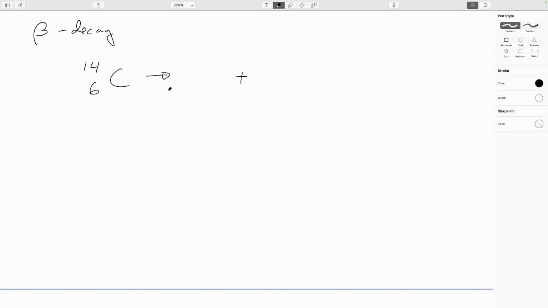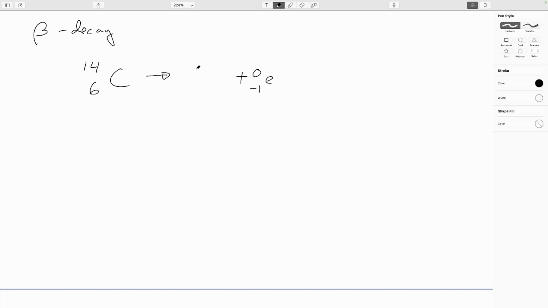And so for our beta particle, which, since that's an electron, I mentioned this in the previous video, we can give an electron a pretend atomic number of -1. Now, it makes no sense to give an atomic number to an electron, but you use this for balancing things. And you give it a pretend mass number of 0. And so just like you do stoichiometry in chemistry, what you do is you just make sure that both the top and the bottom lines balance here.